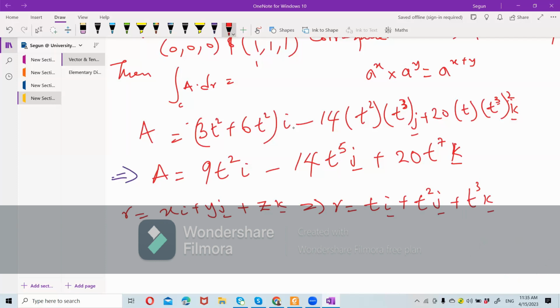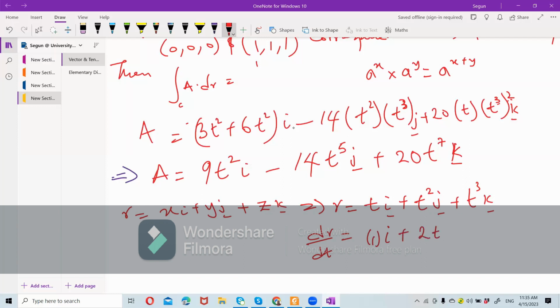Now let's differentiate R. dR/dt is equal to what? When you differentiate this with respect to t, you only have one i. Do you agree? I agree, sir.